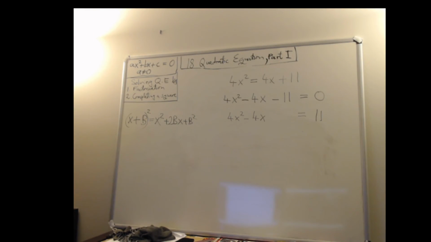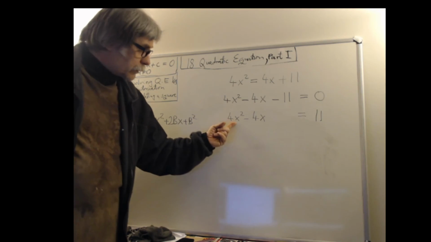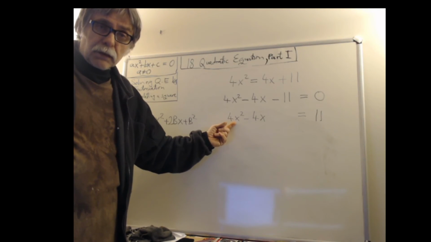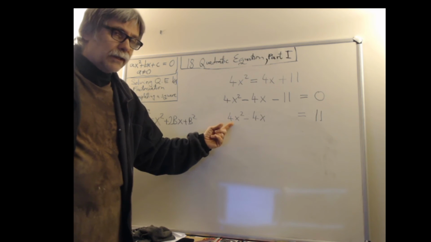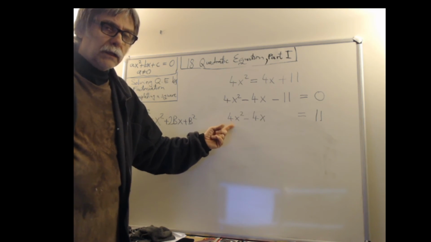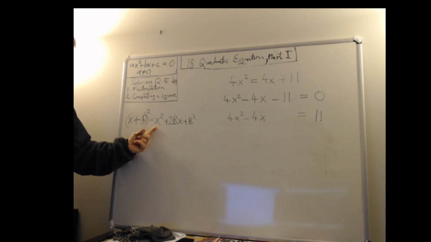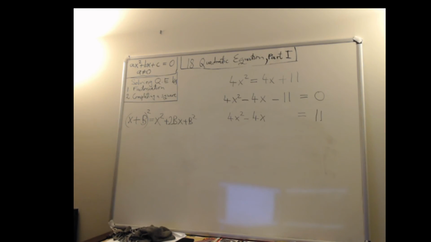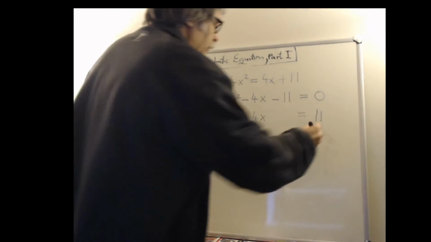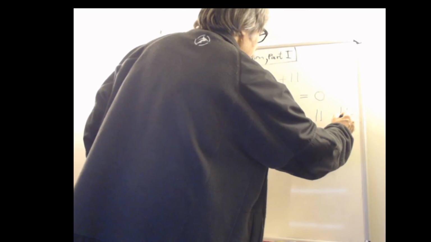The second step is I need to have the x squared here. Now if I have an x squared, that'd be great, but I do have here 4x squared. I need 1. Look at my format here. I need 1. That's easy. Divide with 4. So the whole thing is going to be divided with 4.